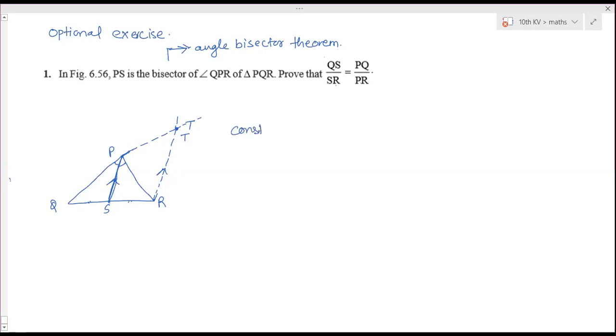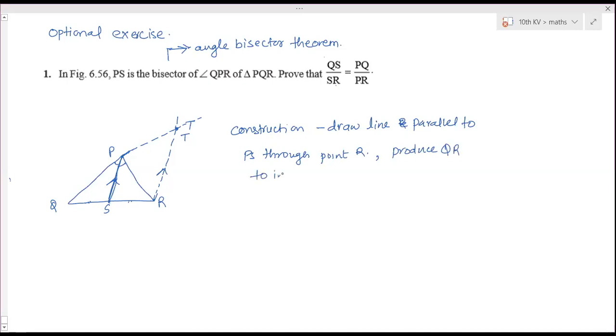So construction: draw a line parallel to PS through point R and produce QP to intersect the parallel line at T. Okay.